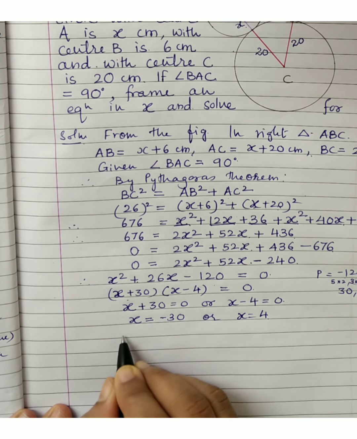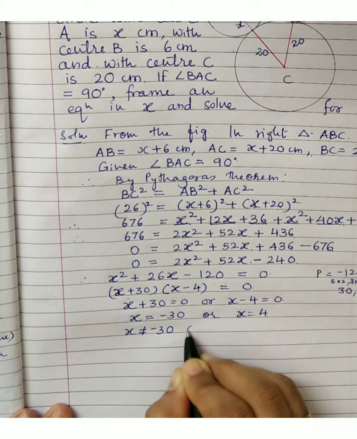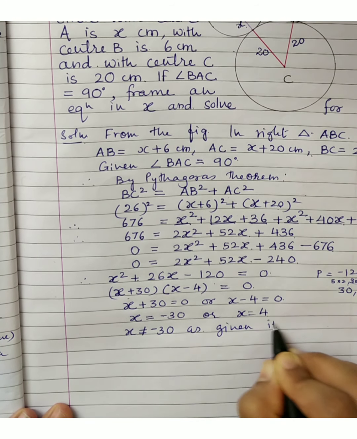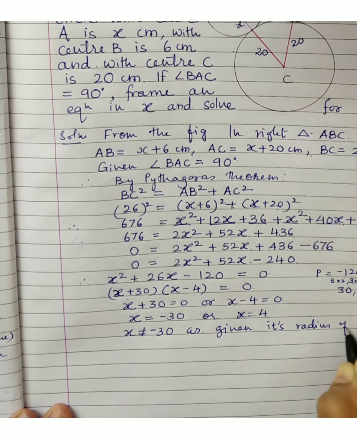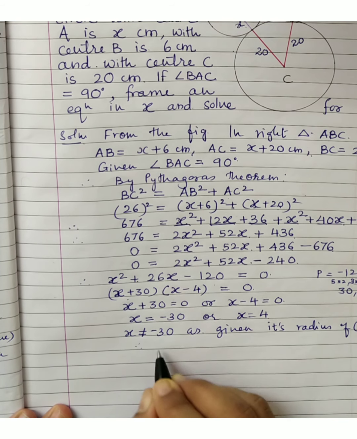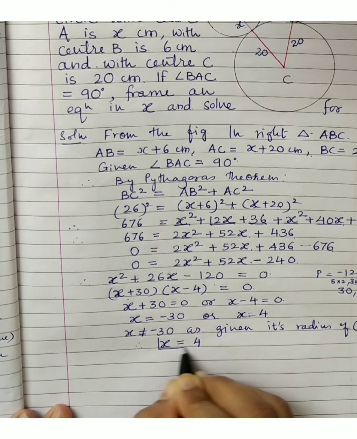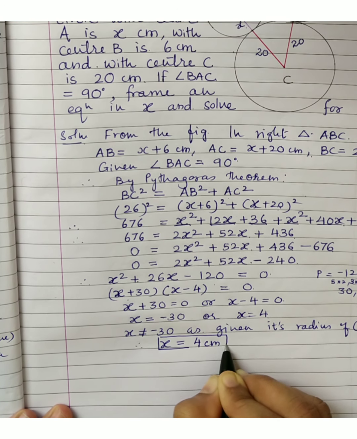So directly you can write x cannot be minus 30 as it is given as the radius of a circle, right? Therefore x is equal to 4 centimeter.